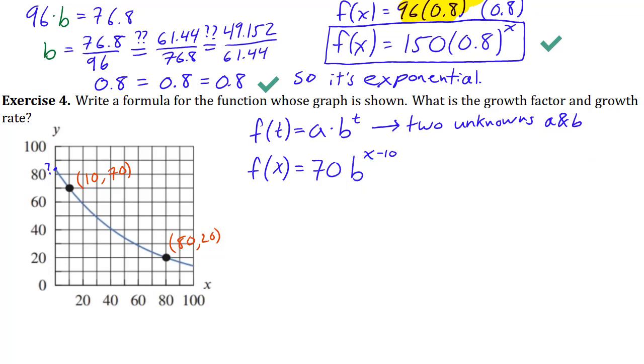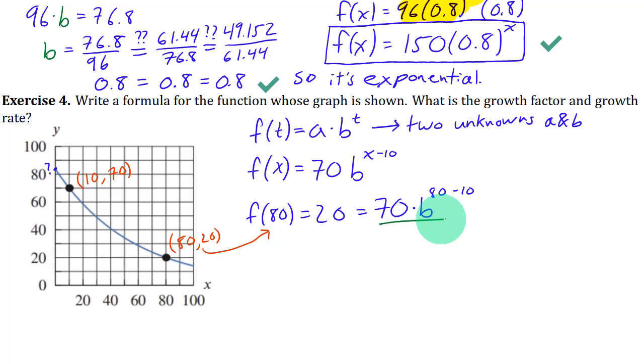Now to find b, you can use the other point. We can say that f of 80 is 20. And that means plugging in x equals 80 into the formula should give you a result of 20. So this is the equation we can now solve to find b.